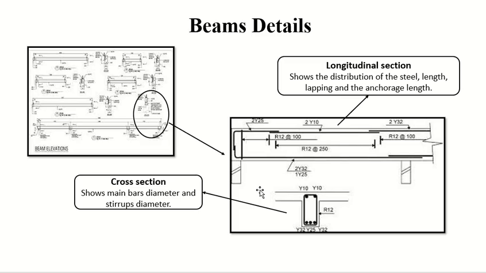For example, if my length is 2 meters, and I put the stirrups after every 1 meter, 2 meters divided by 1 meter gives you how much? It's 2. 2 intervals.